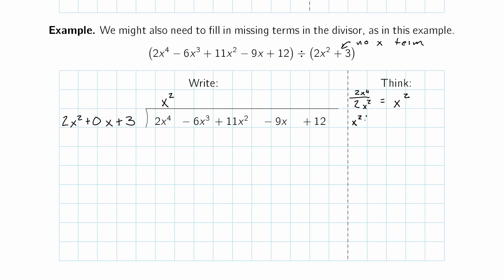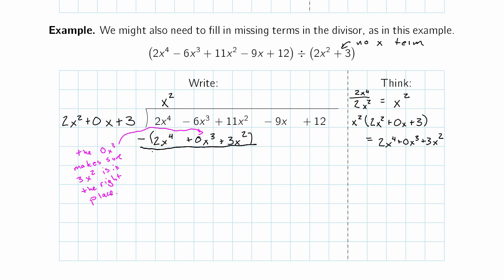So x squared times 2x squared plus 0x plus 3 is 2x to the 4th plus 0x to the 3rd plus 3x squared. Notice, having this 0 term here makes sure that the 3x squared is in the right place.